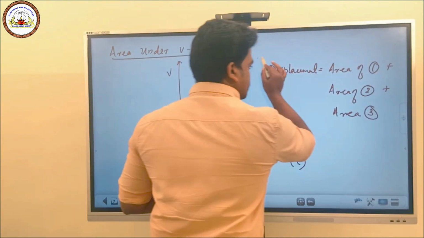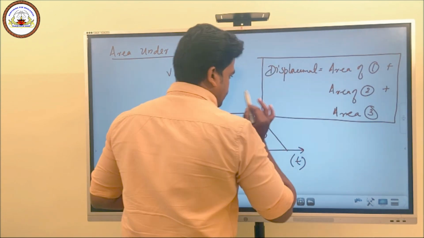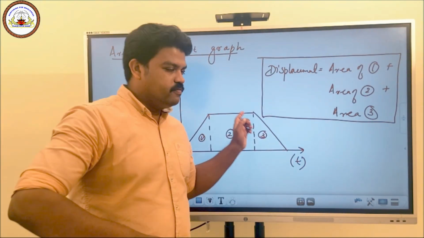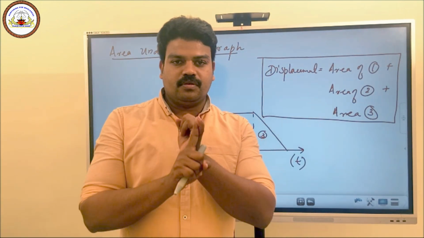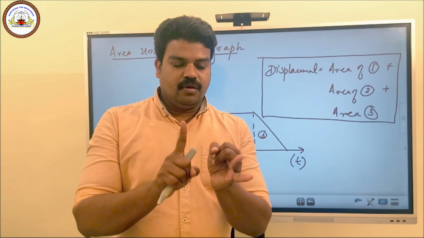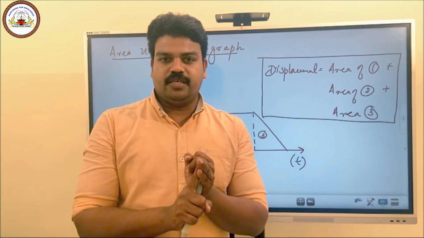So displacement of an object is the area under the velocity time graph. Slope of velocity time graph gives acceleration or deceleration. The area under velocity time graph is displacement.